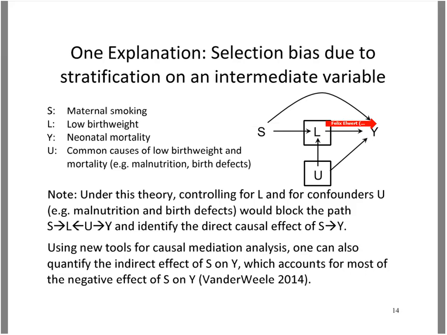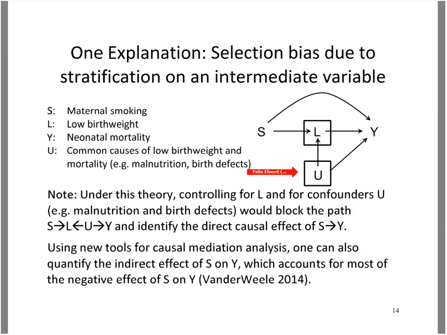Well, so we need to do something about this open path, right? So the solution here would be to condition on U. If we have measures of malnutrition and birth defects, if we have measures on all of the common causes between low birth weight and neonatal mortality, then we could condition on U. Now you'll note that in contrast to L, U is a non-collider.